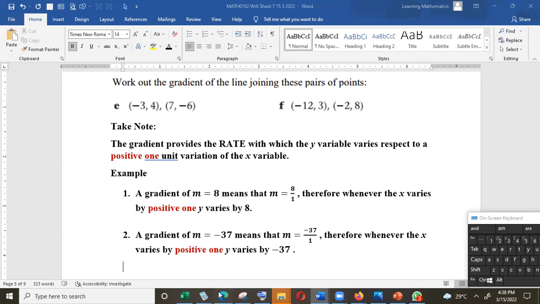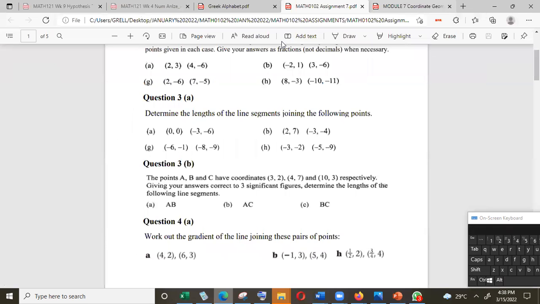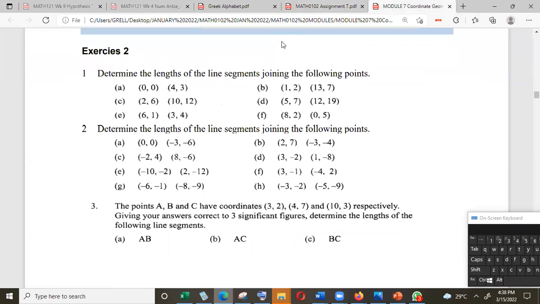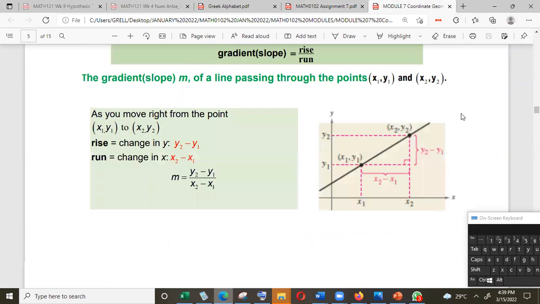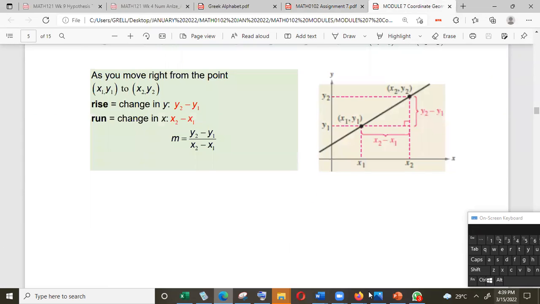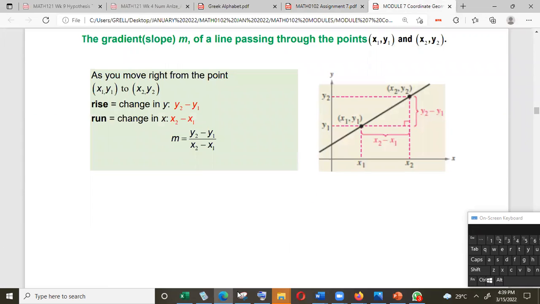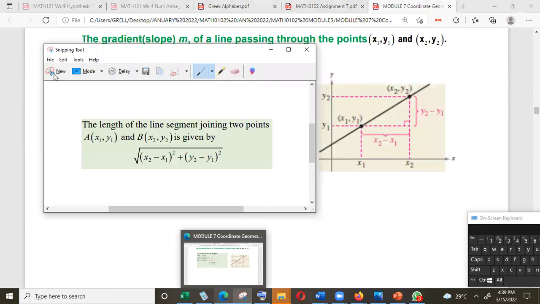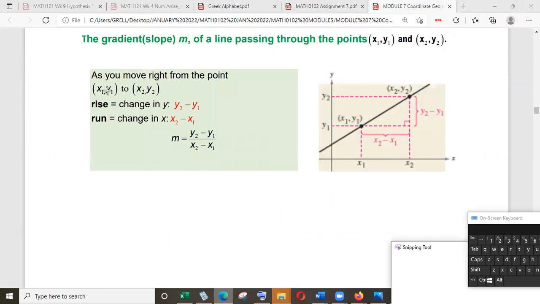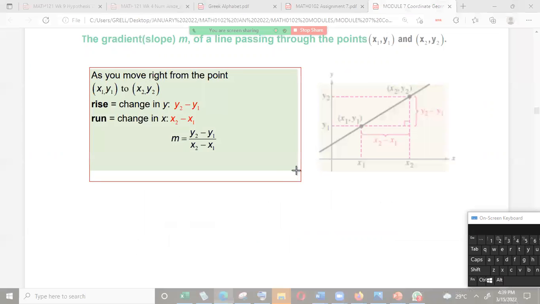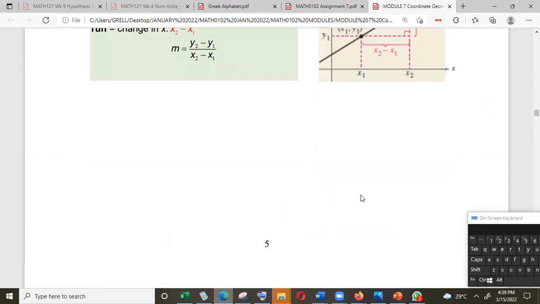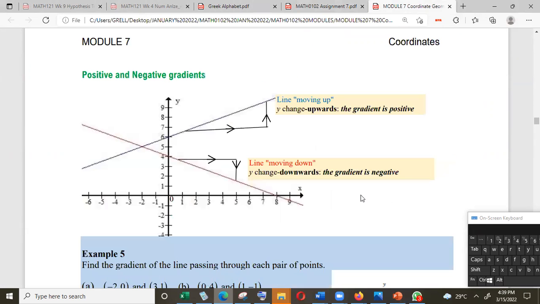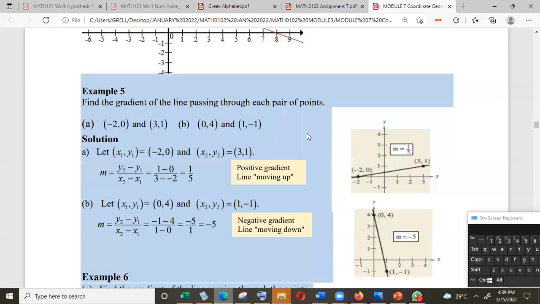Now, in module 7, the formula for gradients, there it is. You normally call it rise over run: y2 minus y1 over x2 minus x1. Here you have a lot of explanations, and here you have the examples.